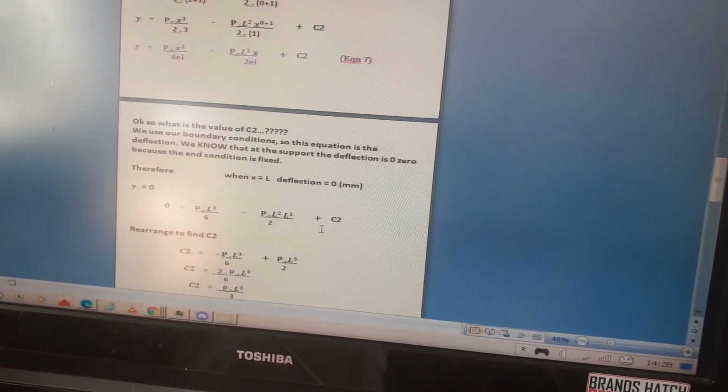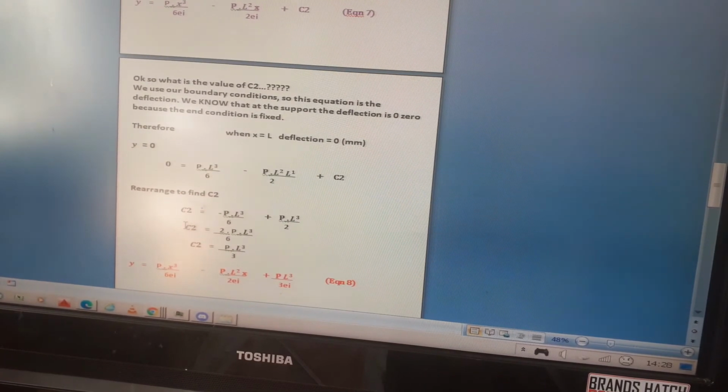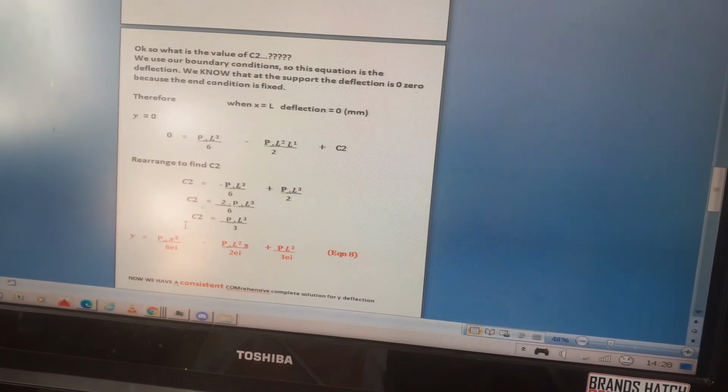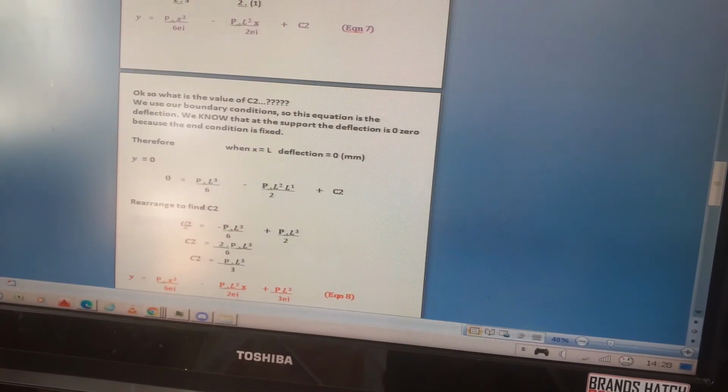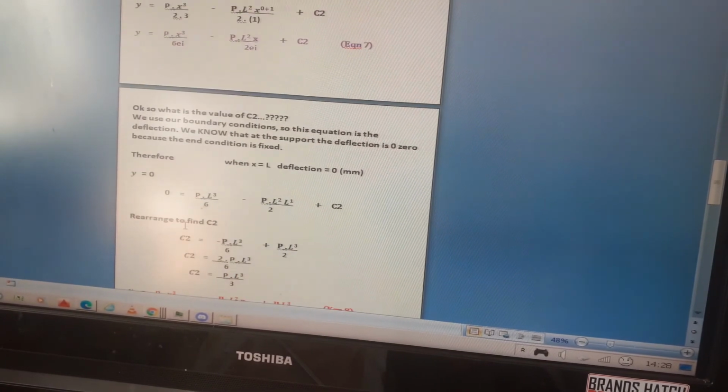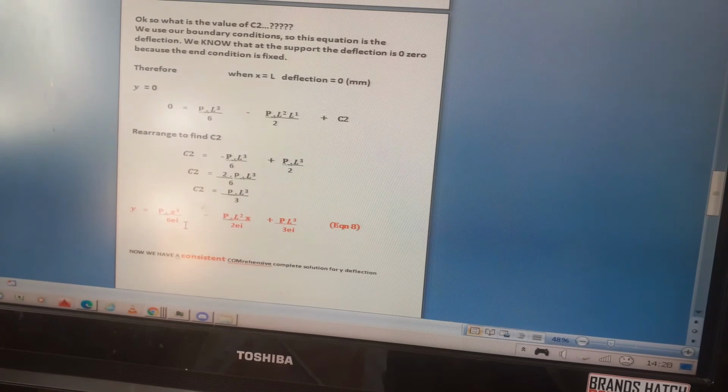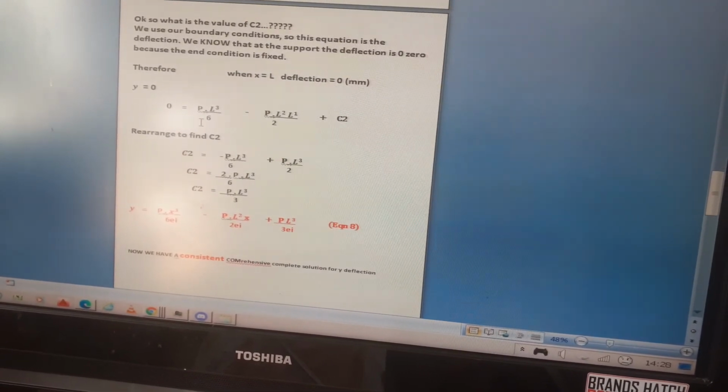So C2 must equal, oh, it's plus a half. It's got to be plus a half minus a sixth. Yeah, that's it, isn't it?